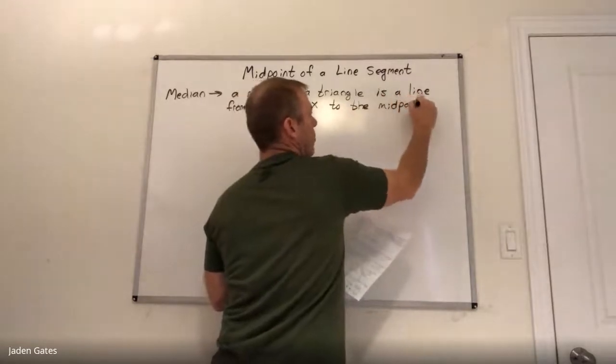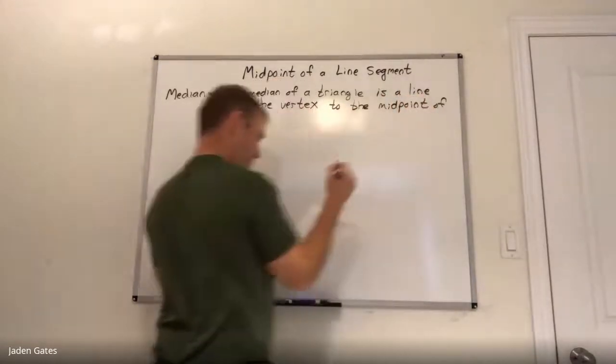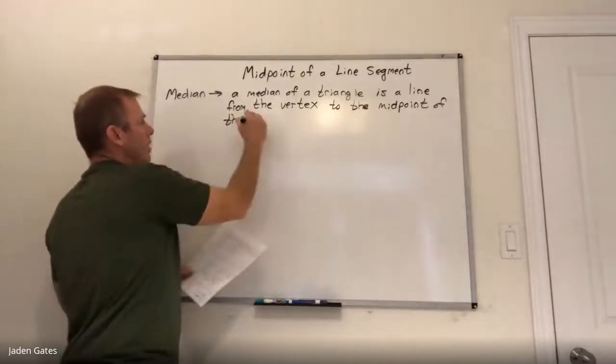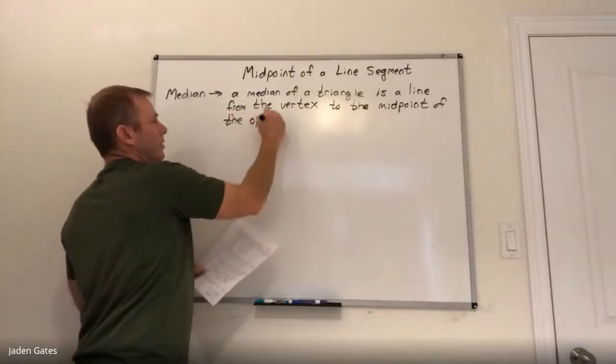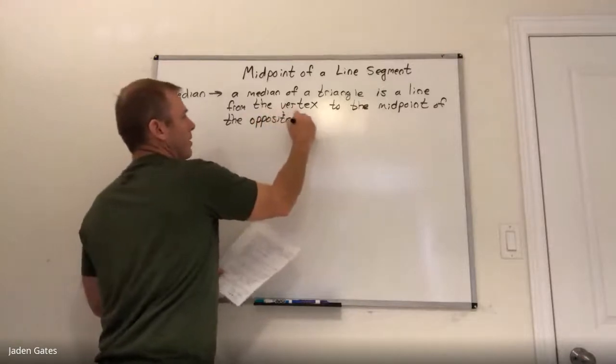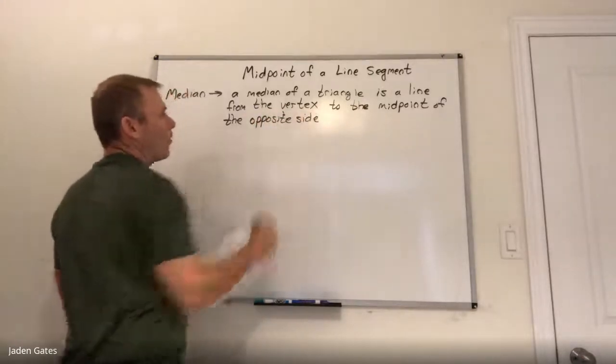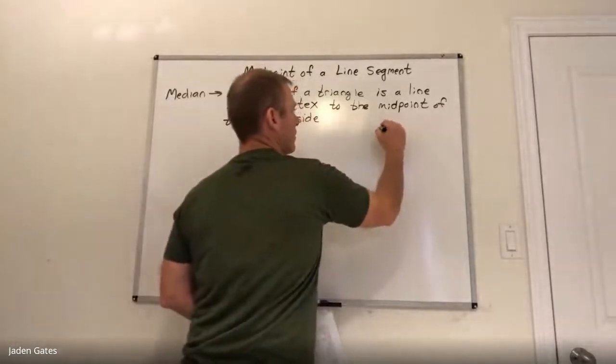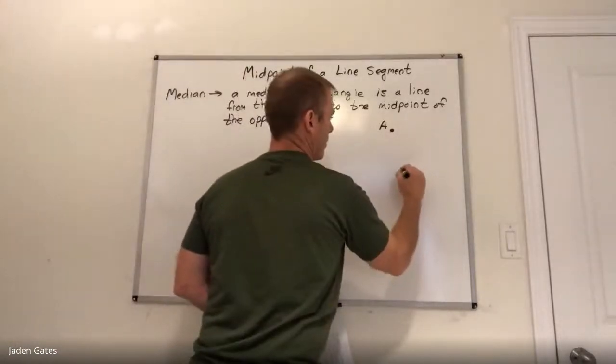So that's why we need the midpoint of the opposite line, or opposite side, I should say. Midpoint of the opposite side. So that's pretty wordy. What does that mean? Well, here we have a triangle. Draw one out.